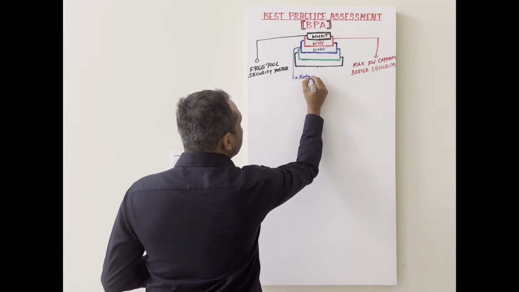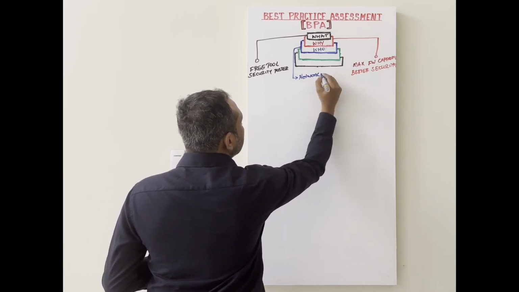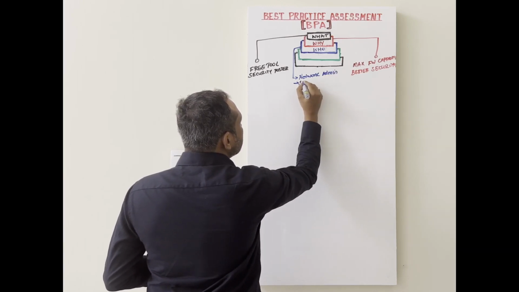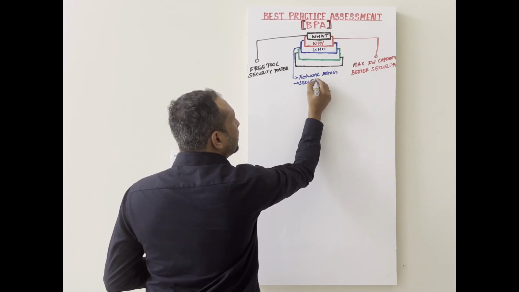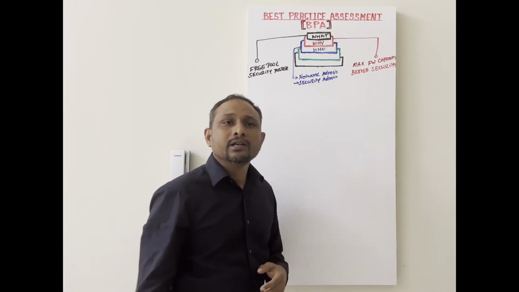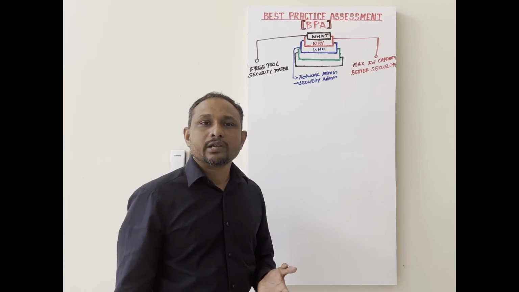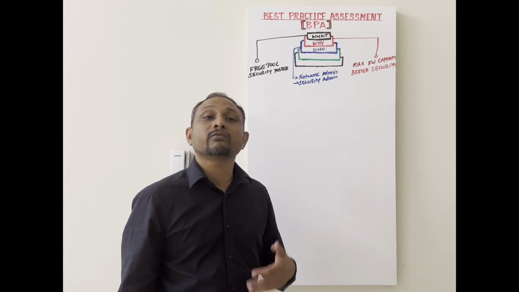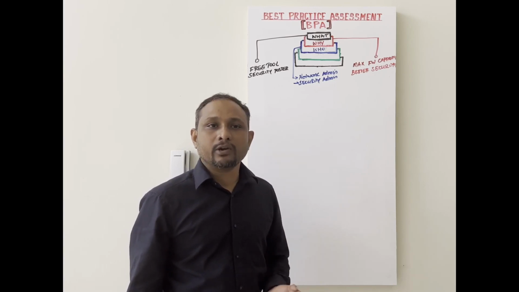So network admins and security admins are required for this BPA, so that they can run the BPA reports. It automates the process of looking at every rule, profile and configuration, and it will provide you the best security posture.